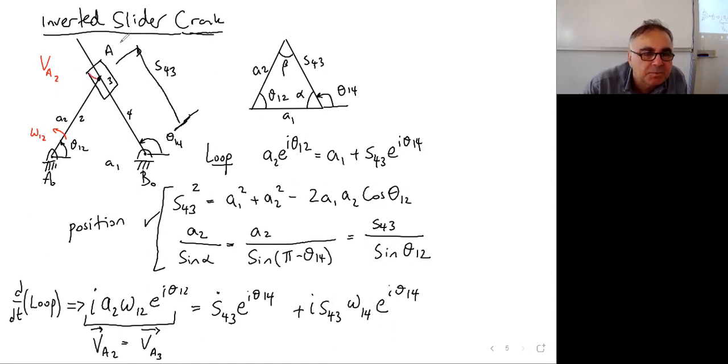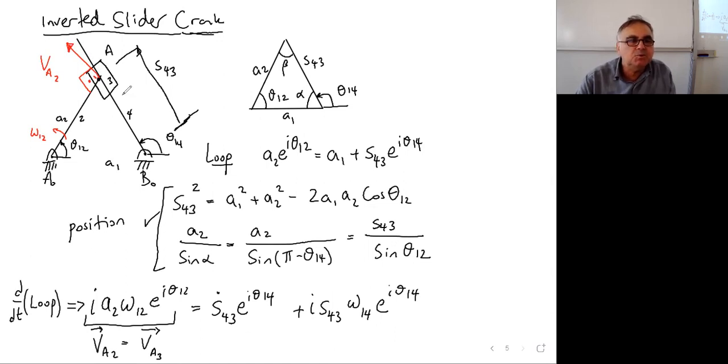It has to be perpendicular. Okay, this is VA, and this is perpendicular to VA2. So VA2 is equal to VA3 actually, the same velocity.